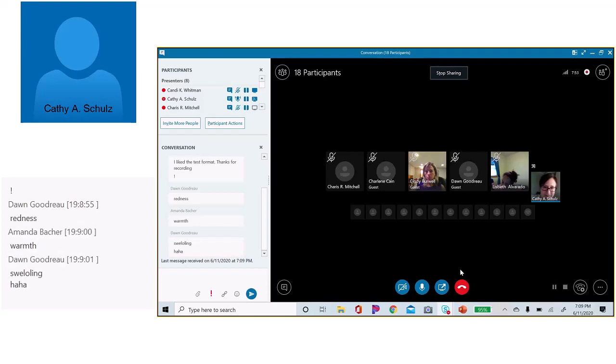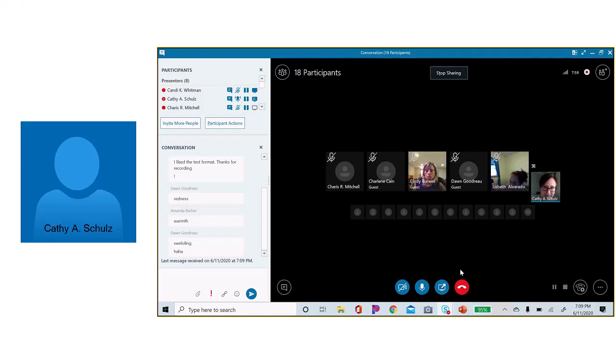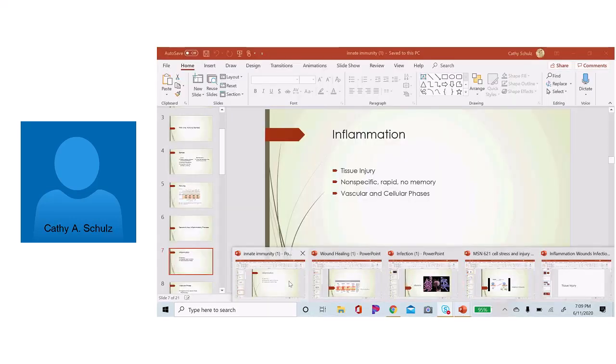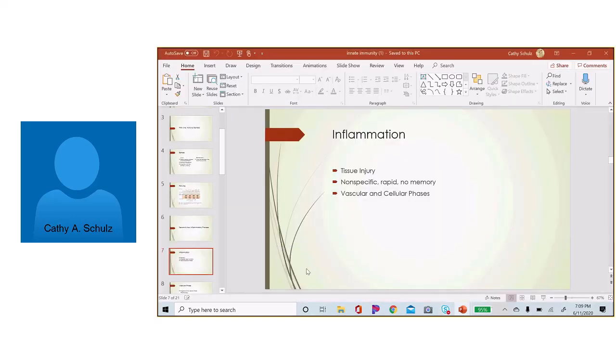The second stage is the cellular phase, and it's called cellular because different non-specific cells of the immune system get involved, and there typically is an increase in exudate at that time, which is drainage. Exudate does not have to be pus; that's just a type of exudate. So keep those symptoms in mind, because you're going to have to keep linking the symptoms to what's happening in the body.